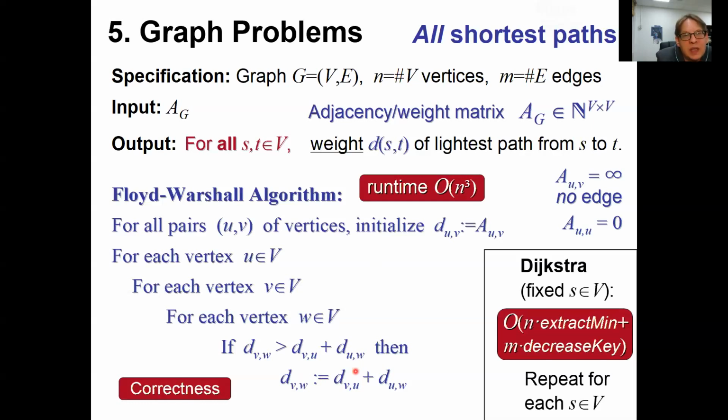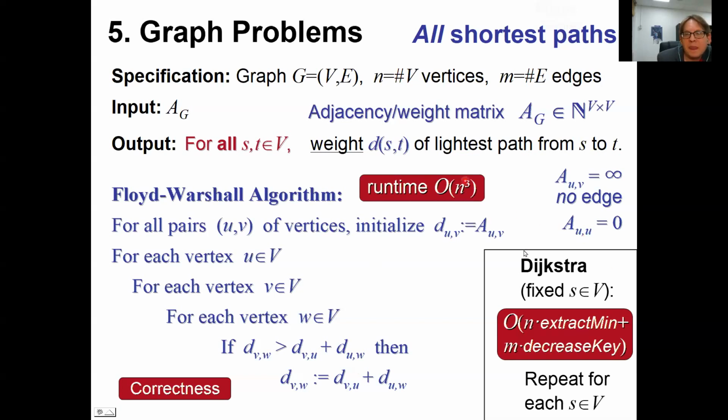Also observe that the algorithm does not need any of the advanced data structures that Dijkstra needs, for example the priority queue. There's no priority queue, no other data structures. It's really a very simple algorithm, and that's, I guess, what makes the algorithm famous.